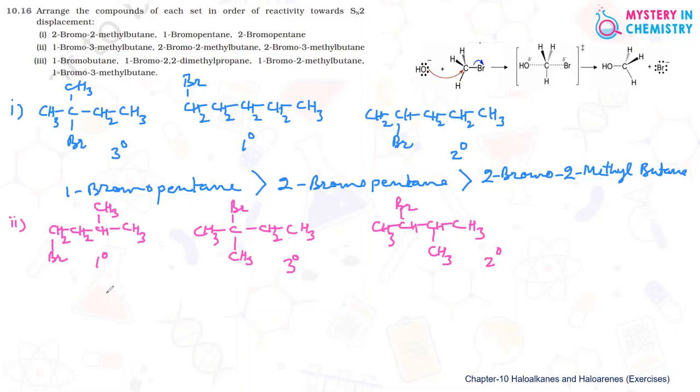So we can write that it is the 1-bromo-3-methyl butane, where the reactivity is maximum because it is primary.